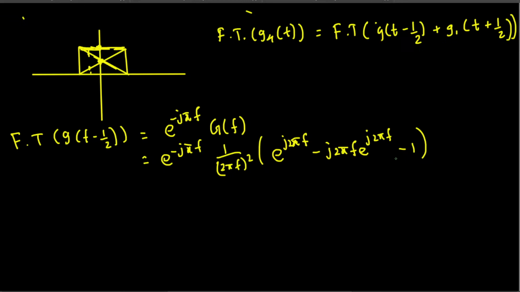That's the Fourier transform of g of t minus half.